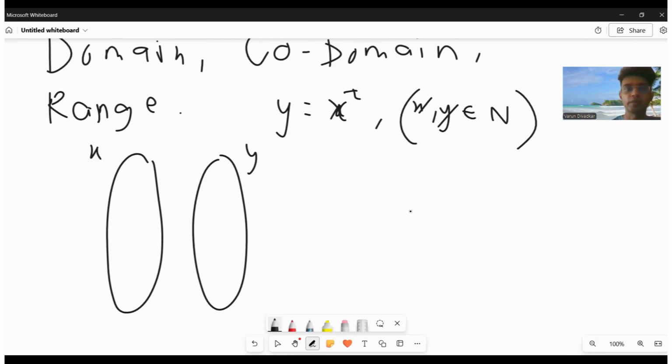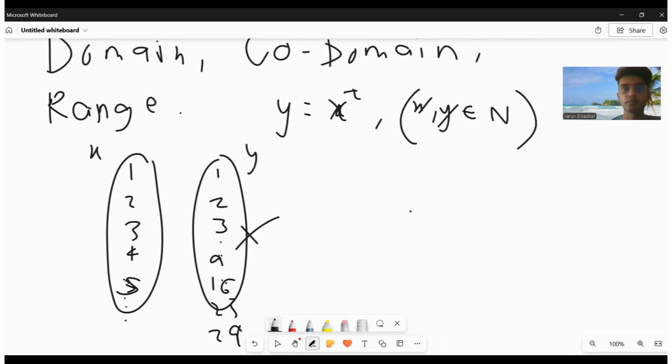So your y can also be 1, 2, 3, like 9, 16, 23, 29. All these are natural numbers. And x can again be 1, 2, 3, 4, 5, whatever, going until infinity. So technically y can be any natural number, and x can be any natural number.